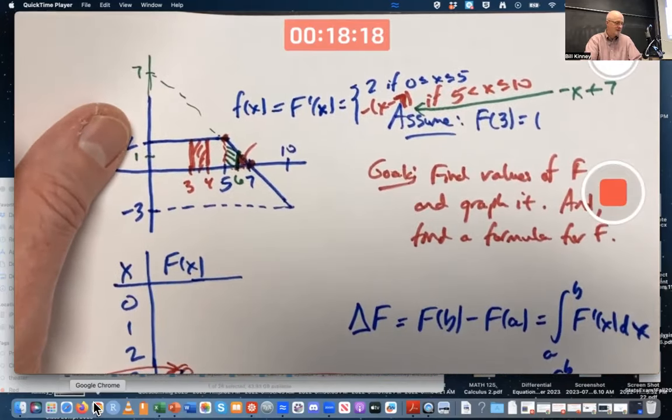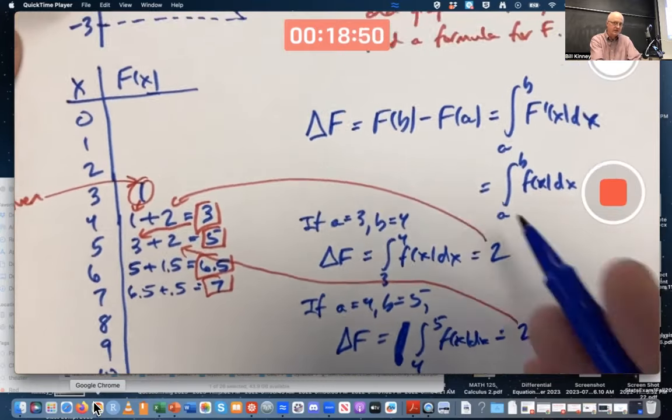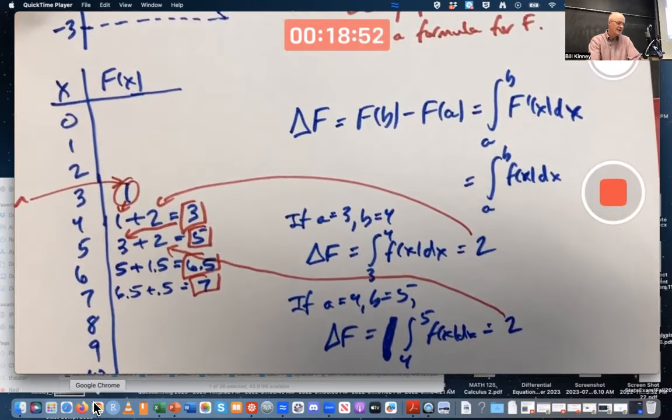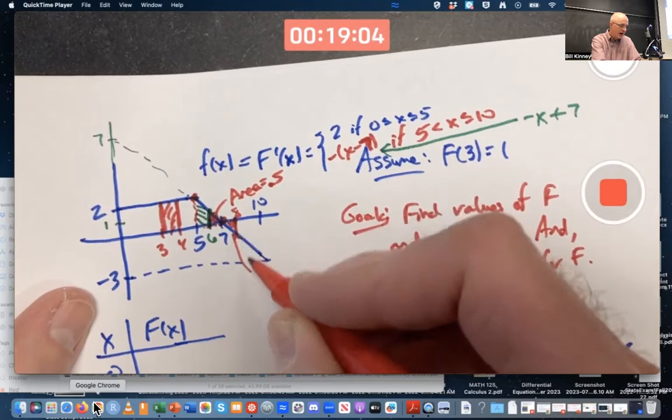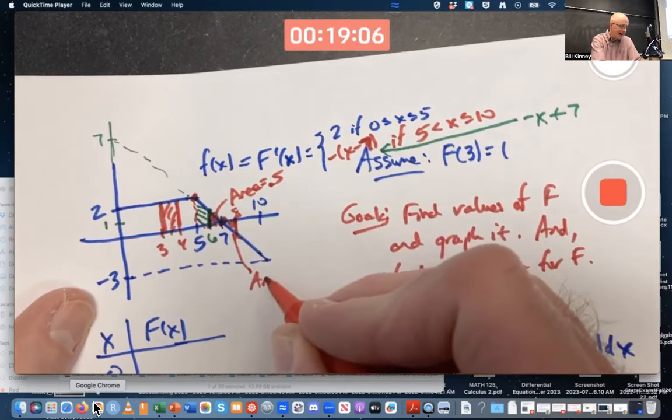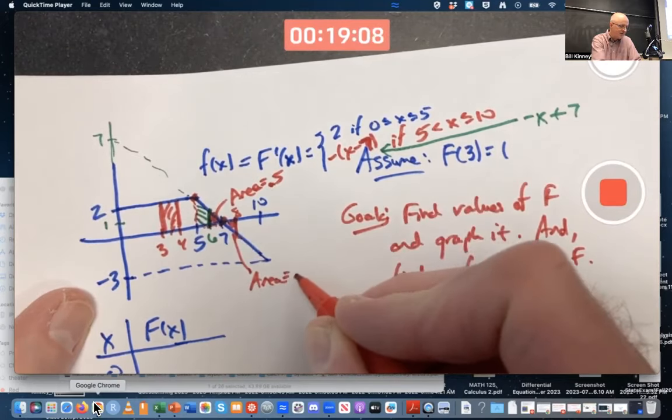As x increases from 7 to 8, the change in capital F is given by the integral of its rate of change. But now that's a negative value, because the graph goes below the x-axis, the graph of the derivative, little f. The area of that triangle by symmetry is positive 0.5, but the integral is negative 0.5 because the graph's below the axis.